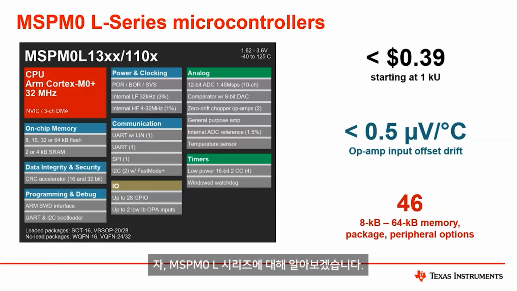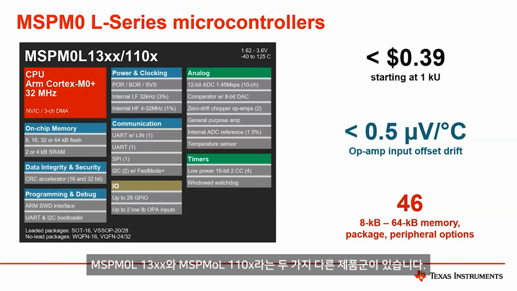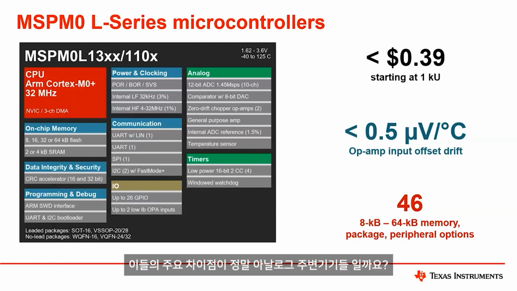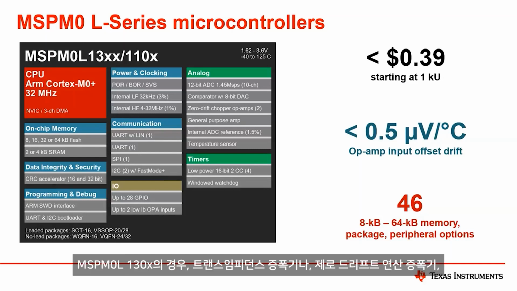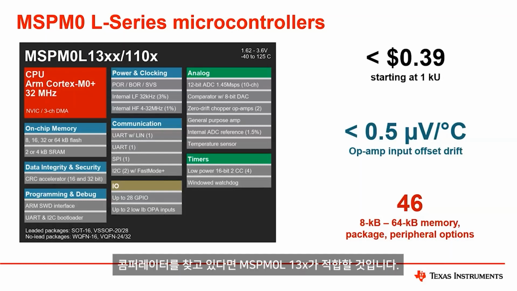Okay, diving into the MSPM0L series, which is really what I like to call the entry-level MCUs for simple applications. There are 2 different families: MSPM0L13XX and MSPM0L110X. The main difference between those is really the analog peripherals. For MSPM0L130X, if you're looking for a transimpedance amplifier, a zero-drift op-amp, or a comparator, that's what MSPM0L13X will have.